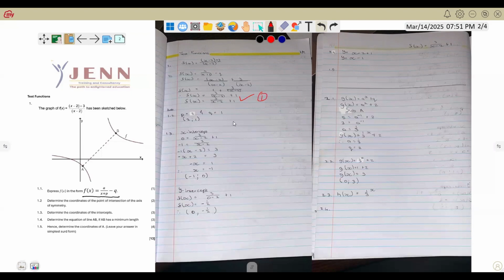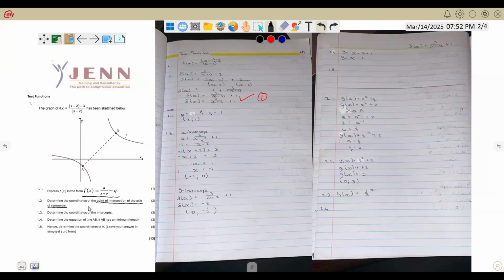Okay. Then we go to the second one. They were asking you to determine the coordinates. Can you please read? Determine the coordinates of the points of intersection of the axis of symmetry.